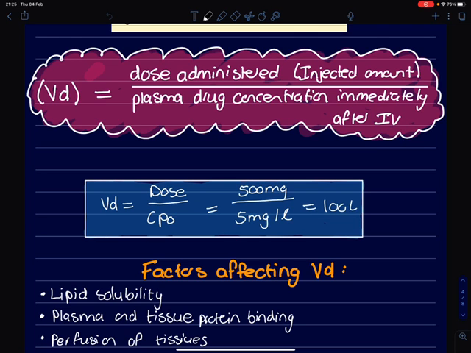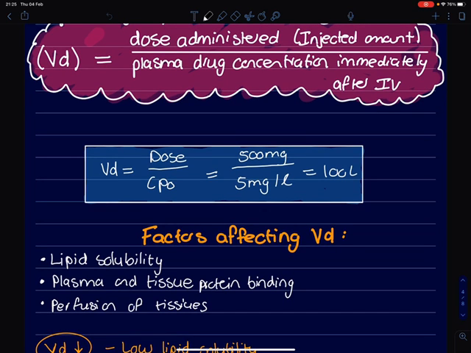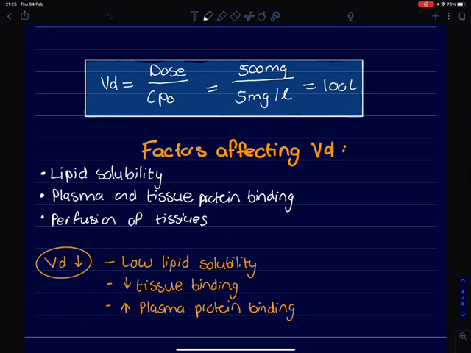Okay, so volume of distribution is the dose administered intravenously divided by the plasma drug concentration directly after injection. In this example, 500 milligrams divided by 5 milligrams per liter gives 100 liters of volume of distribution.